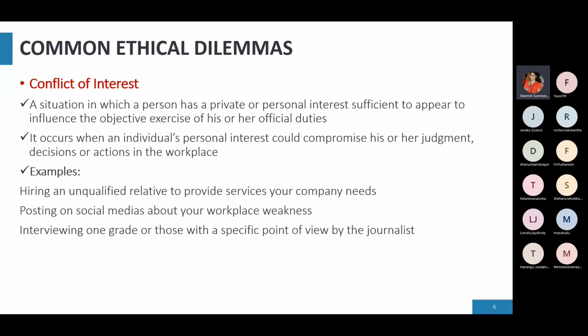A person making a critical decision which is going to be favorable for himself and the people who accompany him. So here, posting social media information is actually the immoral one. It is not the moral one.